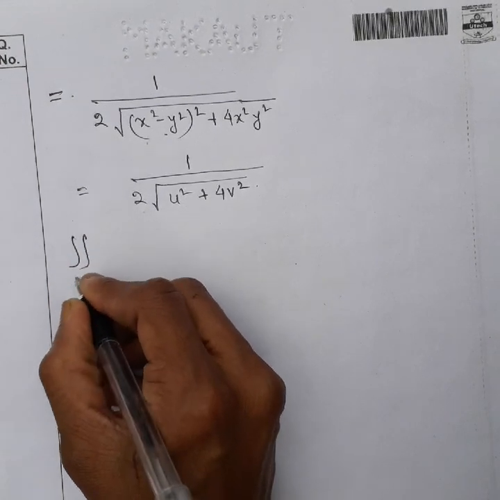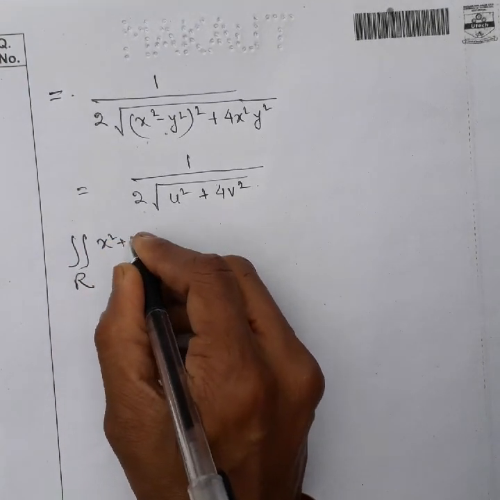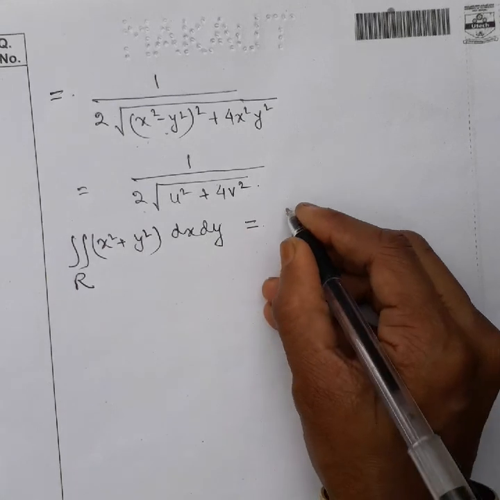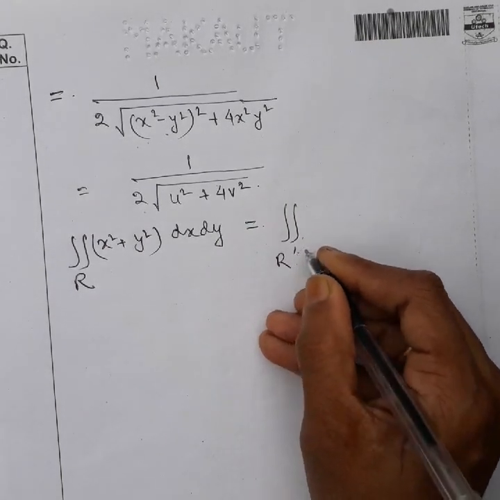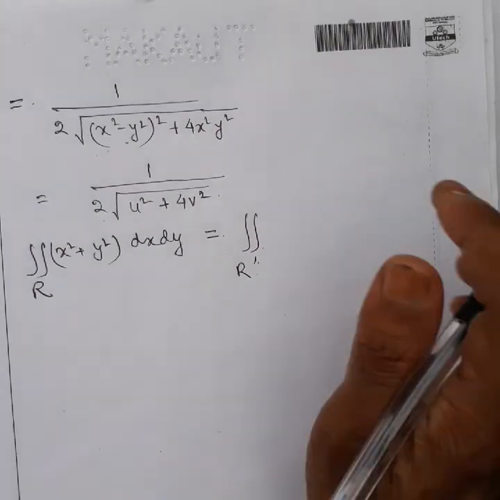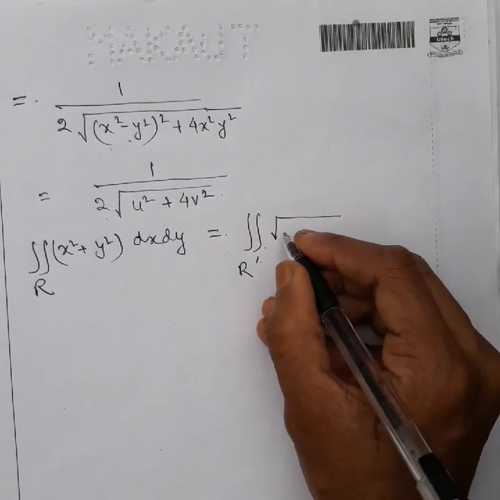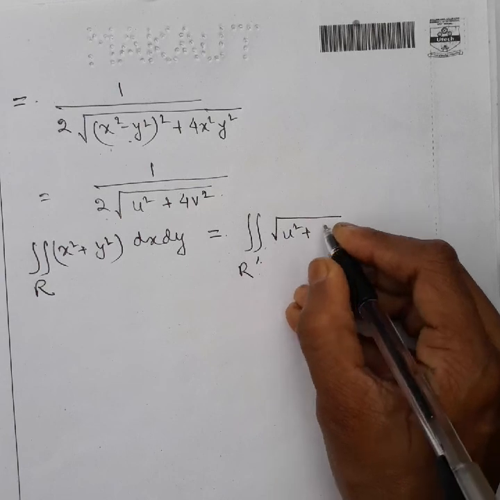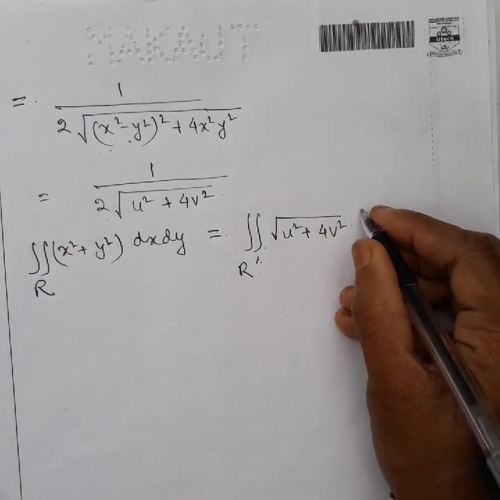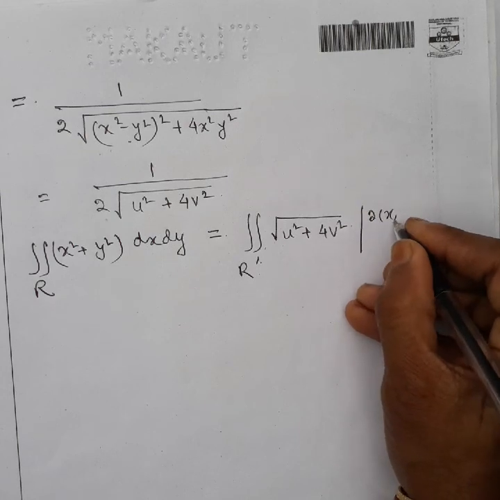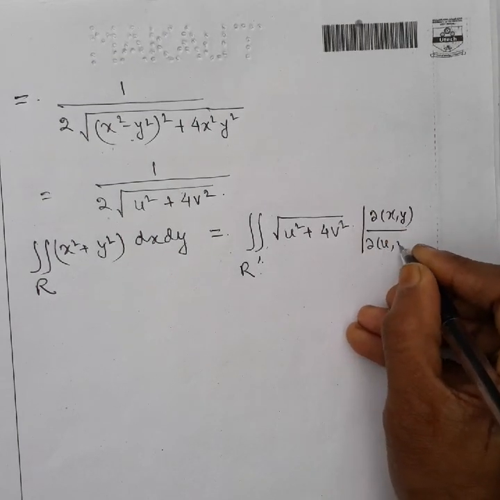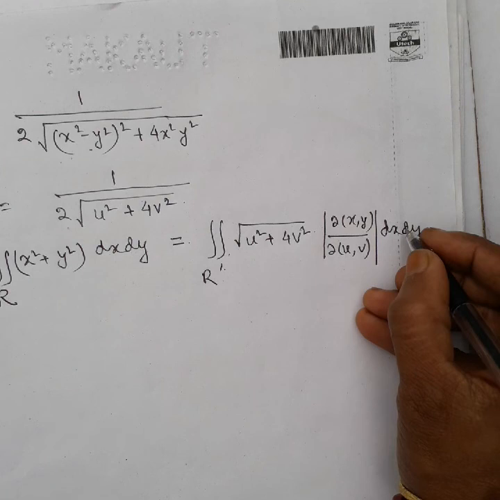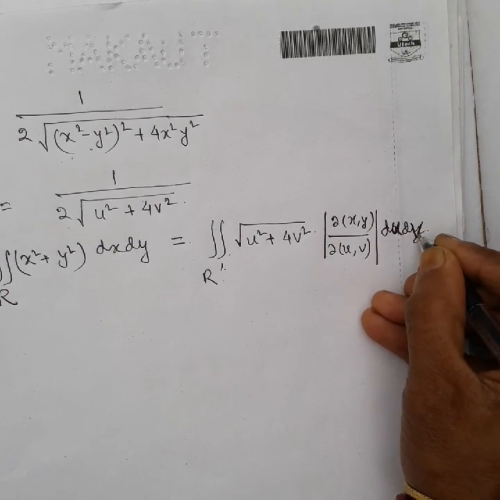So double integration over the region R of x square plus y square dx dy equals double integration over the region R dash of x square plus y square, which is root over of u square plus 4v square, times del of x y by del of u v, du dv.